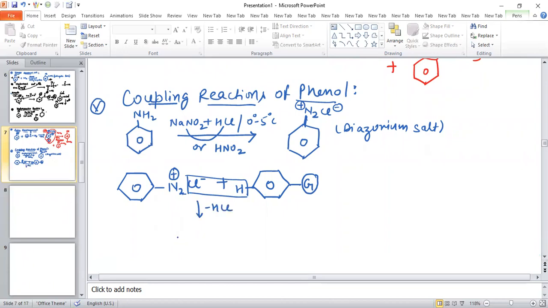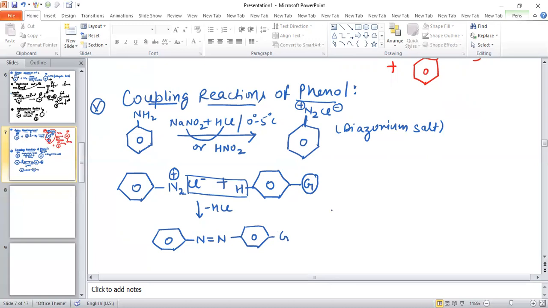After the coupling reaction, the product obtained will be an azo compound having N double bond N, and this has the G group attached on it. Now you can easily see what happens in this case.